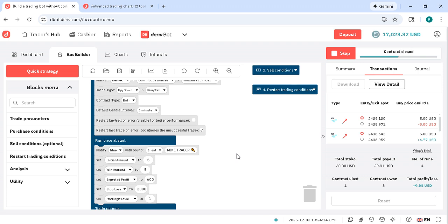But sometimes, especially if your account is not big enough, it can be a bit tricky, because I've seen situations where you go through maybe 5 losses consecutively, 6 losses. There was a time I even experienced 10 losses, and I remember I had made a mistake like this one here.